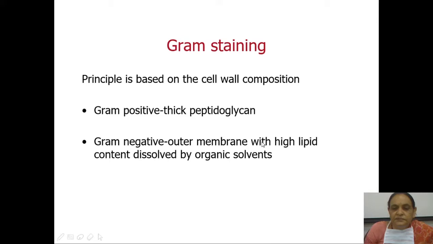So I think I must tell you, because you didn't have practicals, but you will have something. The gram positive looks blue, and they could be cocci, bacilli, and the gram negative look pink, and they could be bacilli, cocci, coccobacilli, or any forms. I think you'll have your practicals today online and you can see. So I'll not spend time on that.